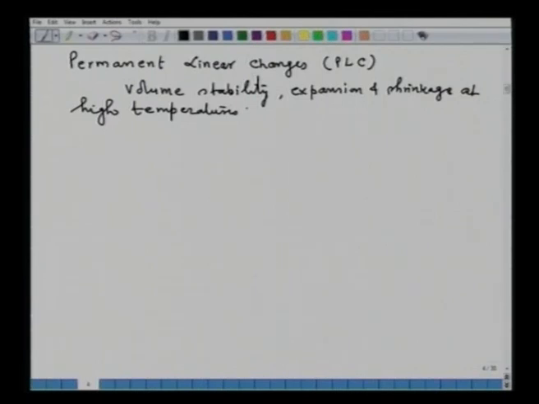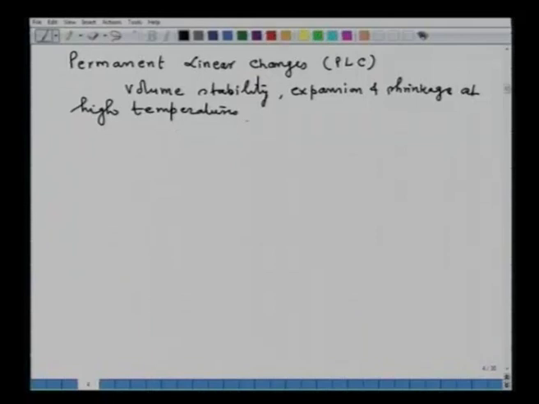Now, these permanent changes can occur due to changes in allotropic form. In many situations, the allotropic transformations, if they are accompanied by the volume change, then there is a problem of volume stability of the material.